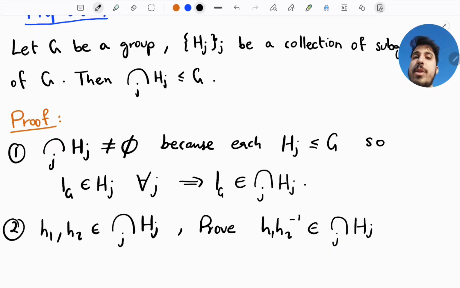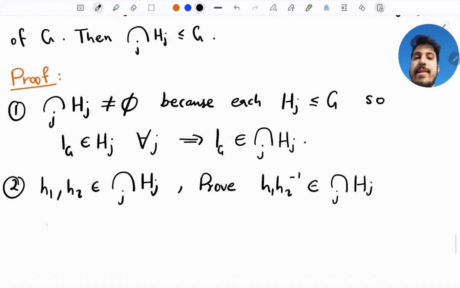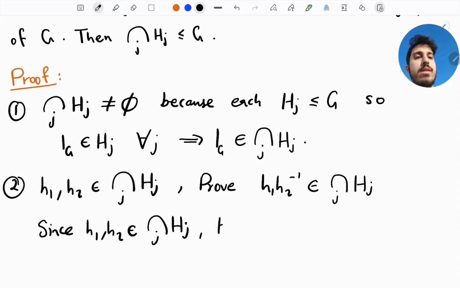So here we're going to be using the same argument we used in the first one to say that since h1 and h2 are in the intersection, then they are found in all of the H_j. So h1 and h2 are in H_j for all of the j's.